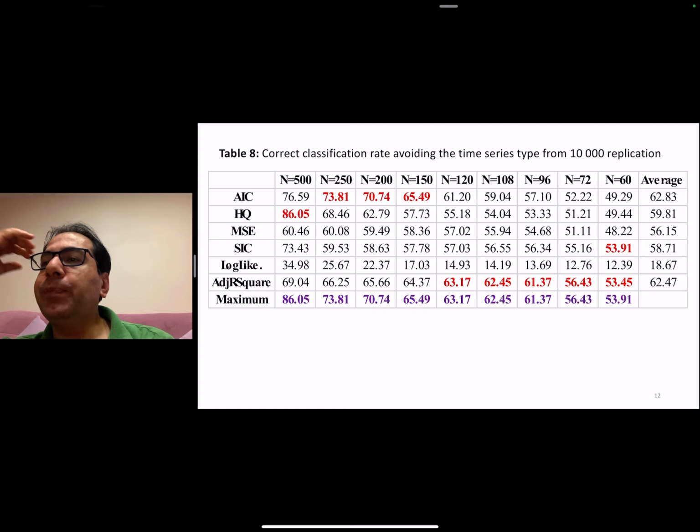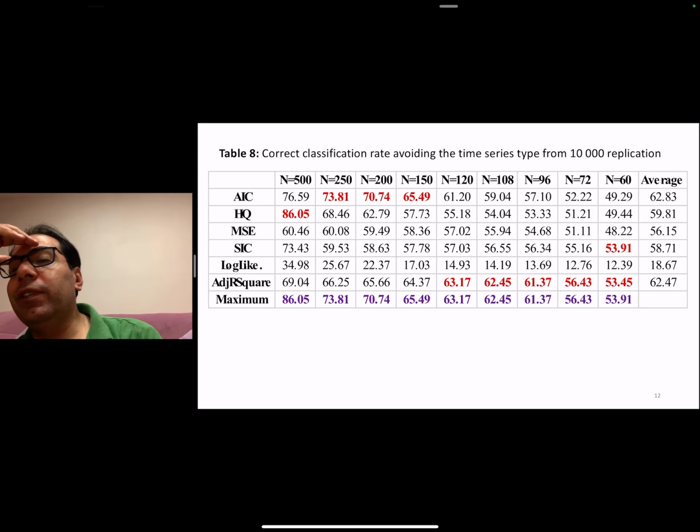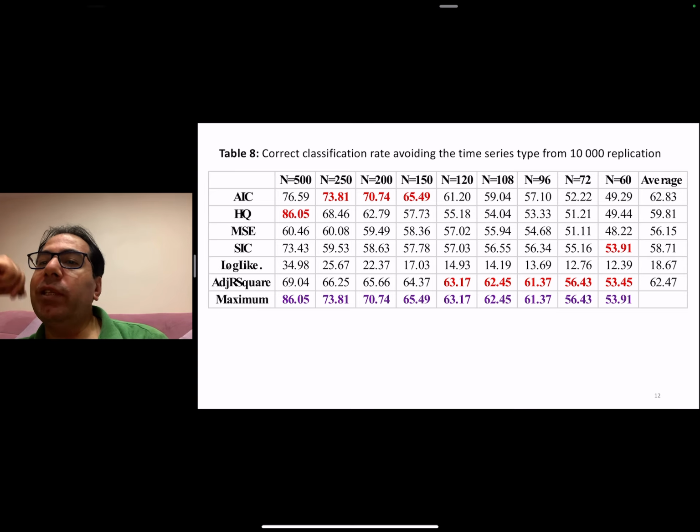They're best. Akaike is best for this type of sample size, and Hannan and Quinn is best for 500. When the sample size is very large, Hannan and Quinn is much better than the other information criteria, and the mean square error is not really successful in any case, in any sample size, so you can avoid the mean square error.